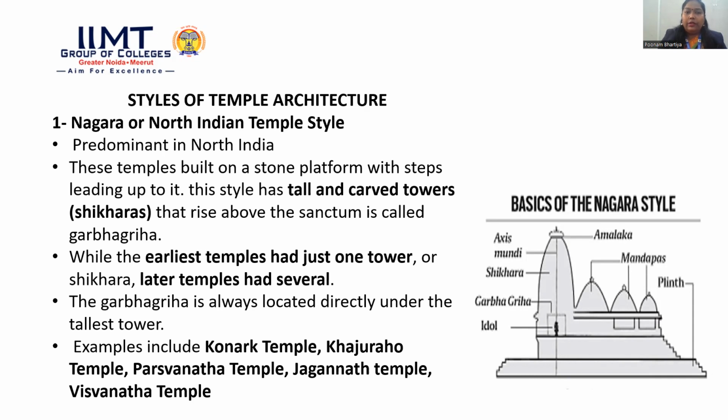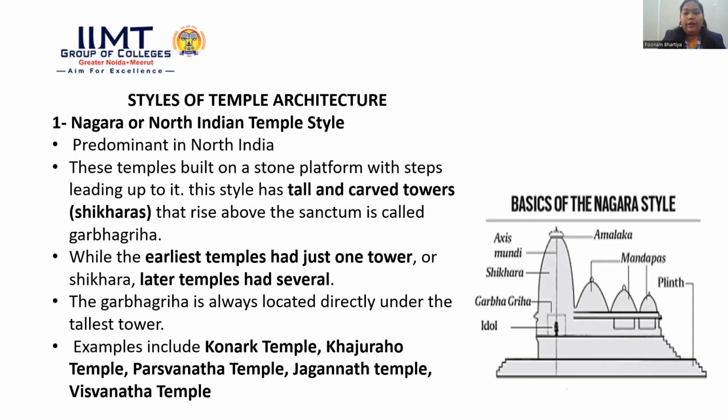These temples were built on a stone platform with steps leading up to it. This style has tall and curved towers, shikhars. The Nagara style had tall and curved towers, and tower means shikhar, and the one that rises above the sanctum is called the garbha.